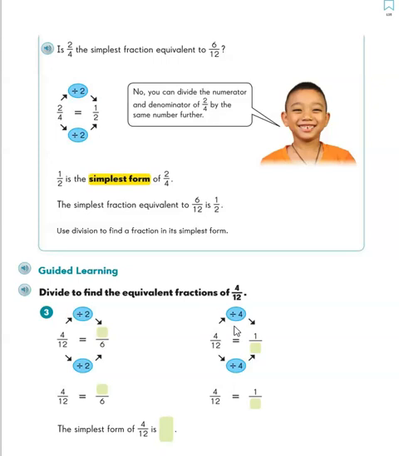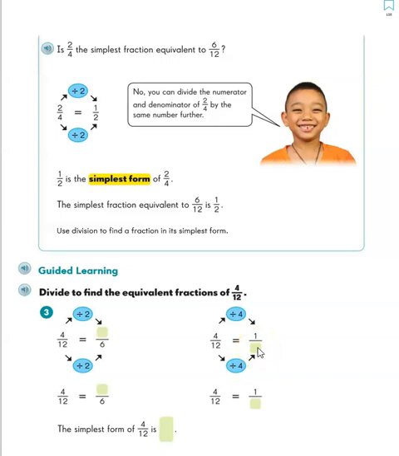Okay, so we know that 4 can go into 4 and 4 can go into 12. So let's try that. 4 divided by 4, we know is 1, and 12 divided by 4 is 3, because 4, 8, 12. We would count by 4 3 times to get to 12.